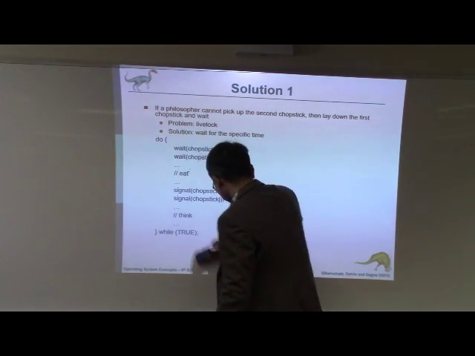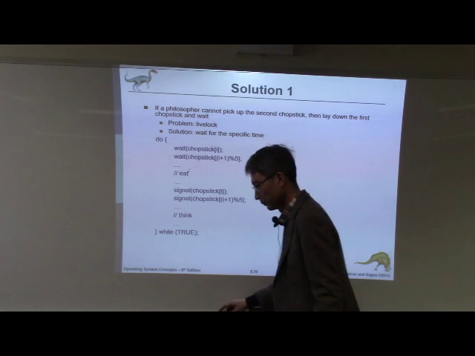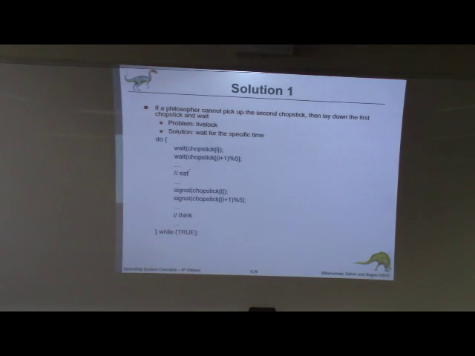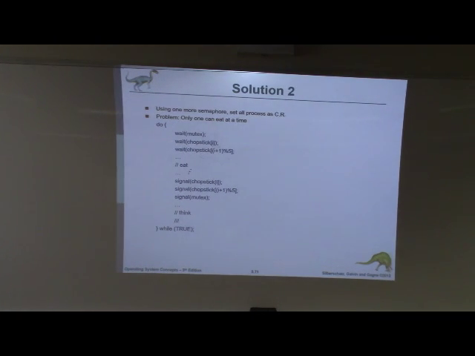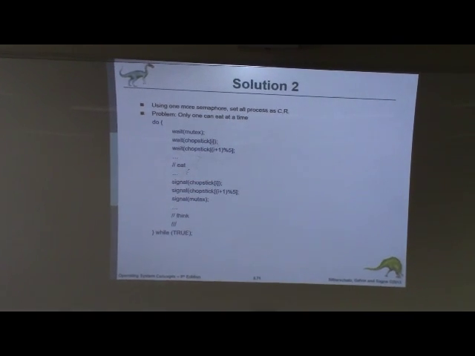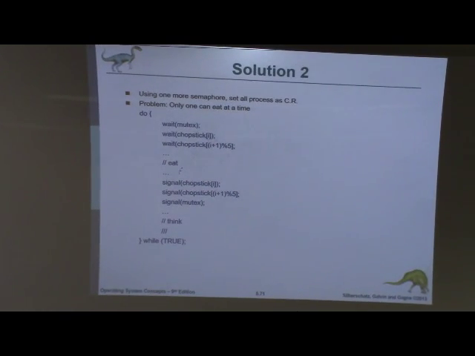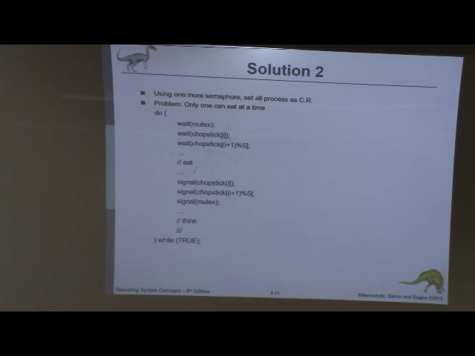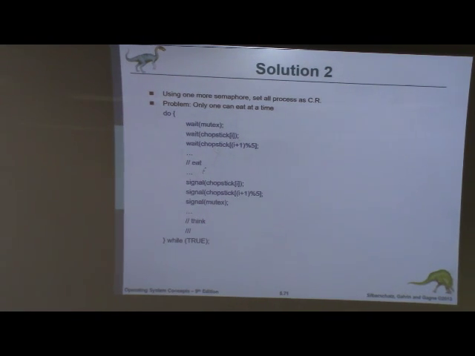Okay, so to address this one, this is a simple solution. But to address this one, why don't we give a limit? Only one philosopher, one process, can eat the rice. To do that, we can simply define a mutex lock.